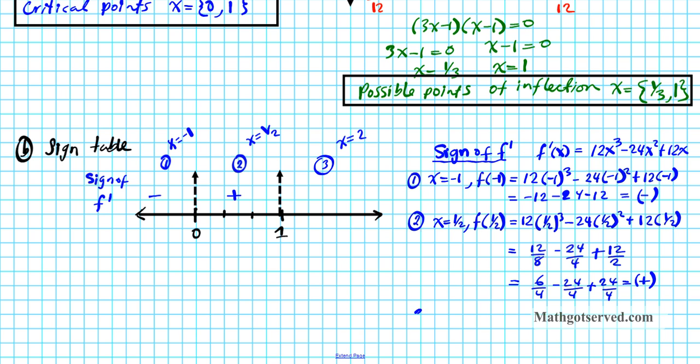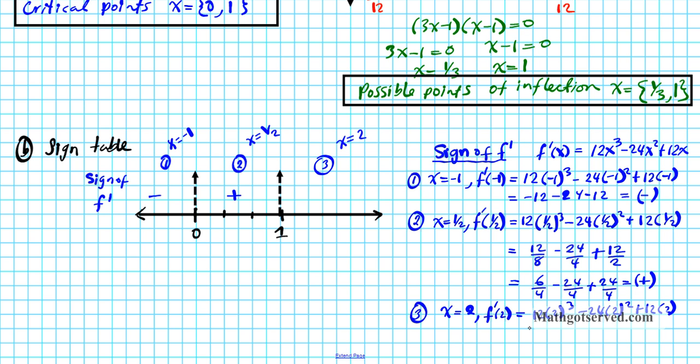All right, let's shift our attention to interval 3. We have the candidate x equals 2, so we have to find f prime of 2. I'm sorry, I failed to put the primes here. Sorry about that. F prime of 2, so let's go ahead and do that. 12 times 2 to the third power minus 24 times 2 squared plus 12 times 2.